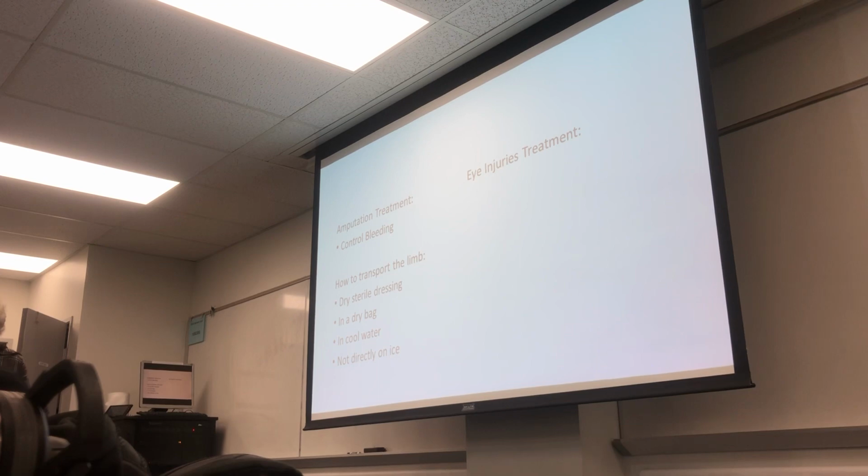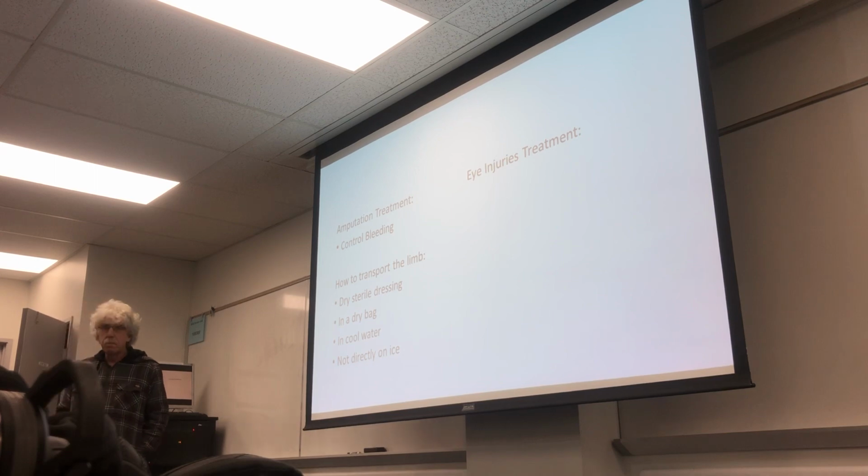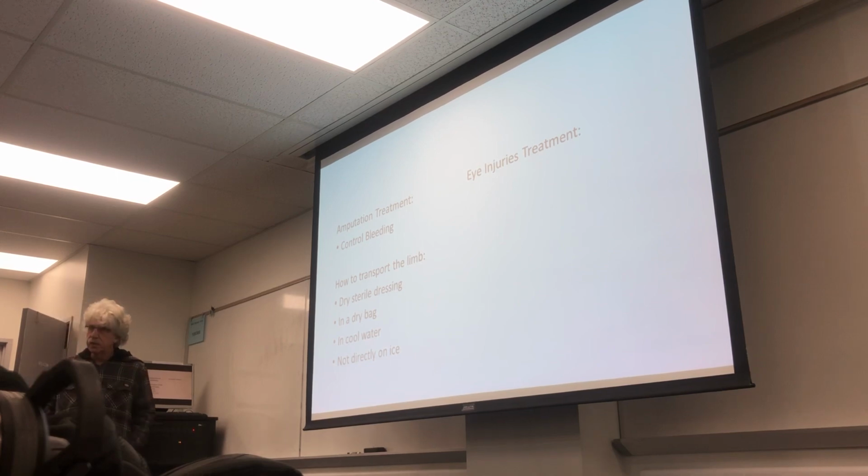Also remember to cover both the affected eye and the unaffected eye. If there's something in it, just make sure it's secured. Stabilize it, don't pull anything out. What's the reason for covering both eyes rather than just one? If you cover both eyes, they don't move as much, and if they move and there's something in it, it can damage it.